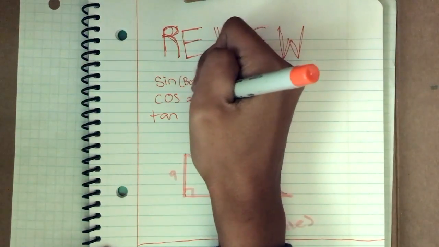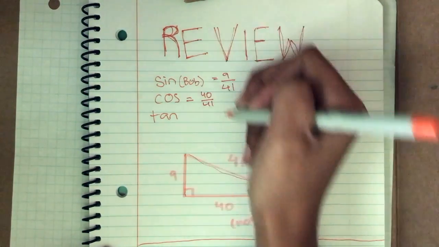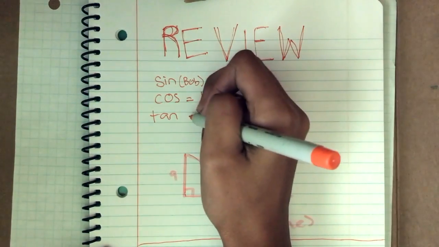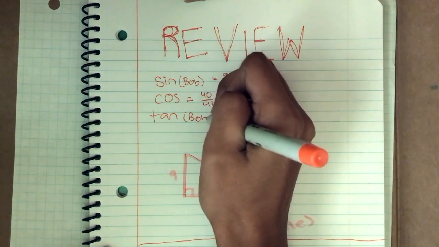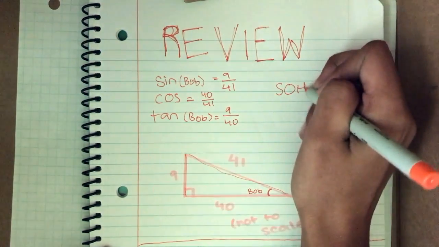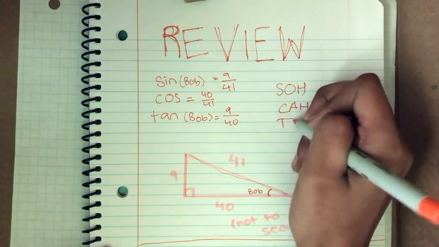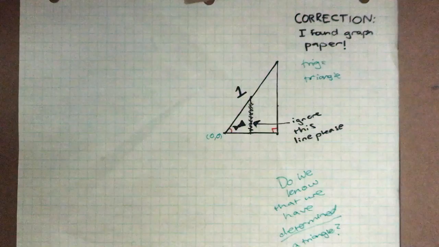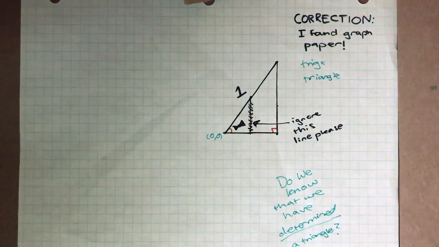Finally, the tangent of Bob is the opposite side of 9 over the adjacent side of 40. We can remember this by the mnemonic SOHCAHTOA, which stands for sine opposite hypotenuse, cosine adjacent hypotenuse, and tangent opposite adjacent.